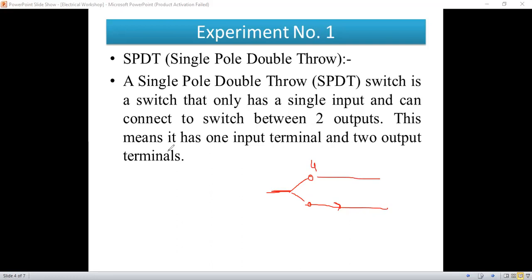Okay, single pole double throw type of switch. Now I will show the figure.